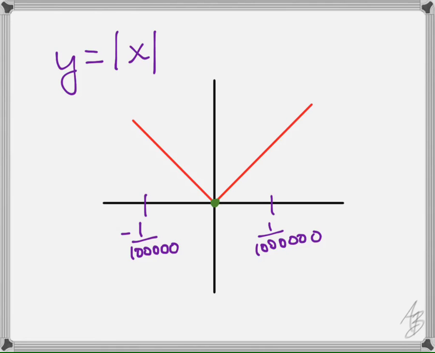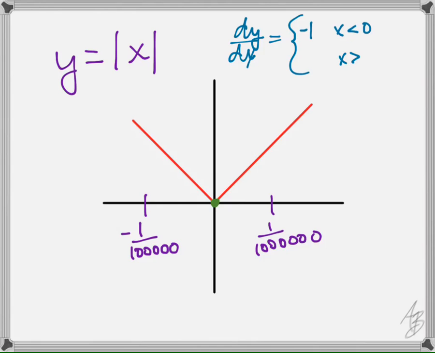Exactly, yes. So what we can do here, and actually, let's go ahead and write this down. The derivative of this function, let's use different notation here. The derivative of our function y with respect to x is actually going to be a piecewise function. So if x is less than 0, the slope is -1.